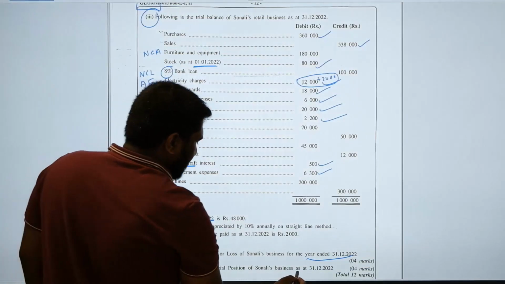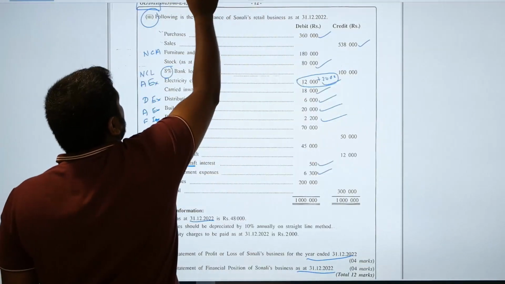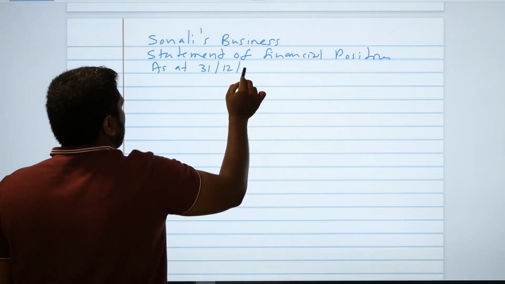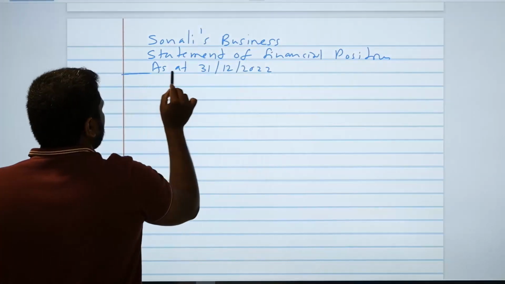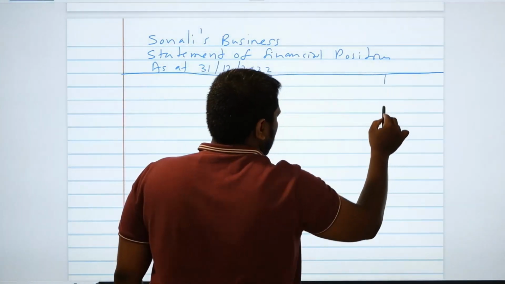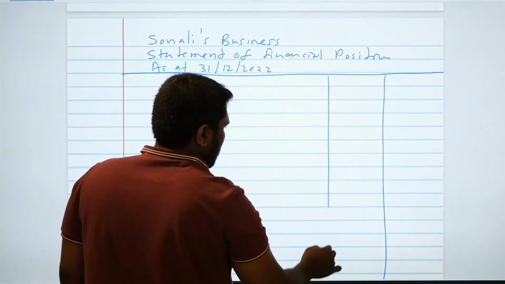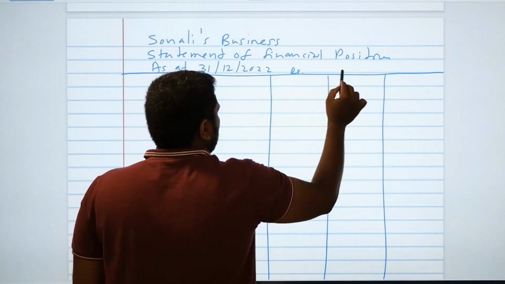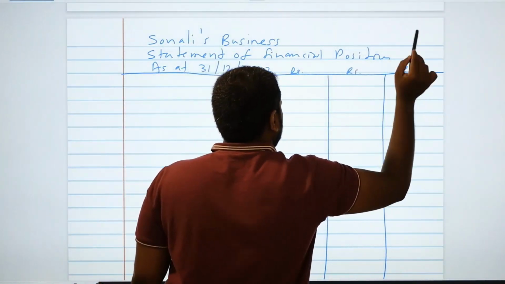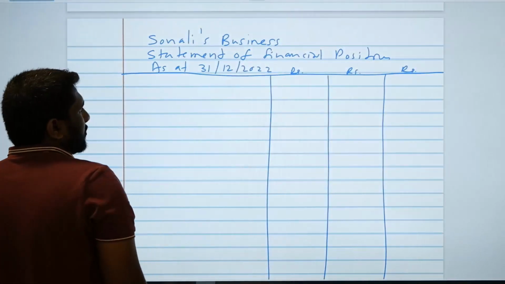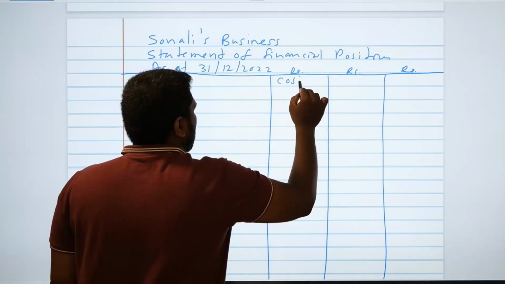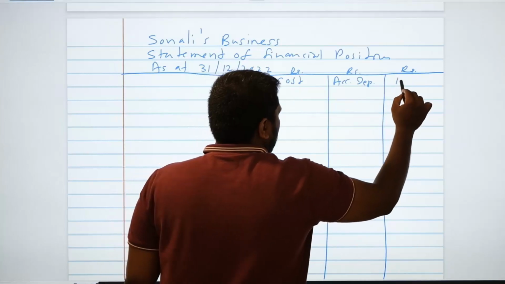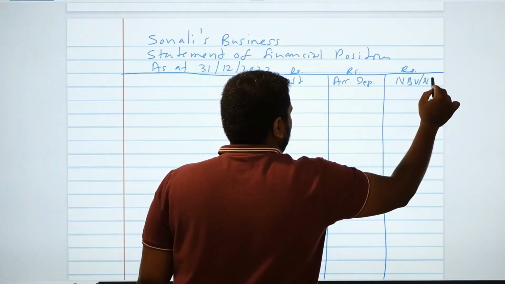They are asking us to prepare as at 31st December 2022. So here you have the cost, accumulated depreciation, and net book value, if not the net carrying value.